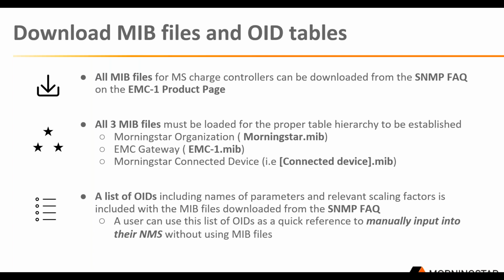Within that zip file, you'll also find an Excel spreadsheet of OID tables. What that does is nicely consolidate all the information for each Morningstar controller into a list of what data is available for polling on each device and the associated addresses for each of those data values. So it's all nicely presented for you instead of having to sort through the MIB file.